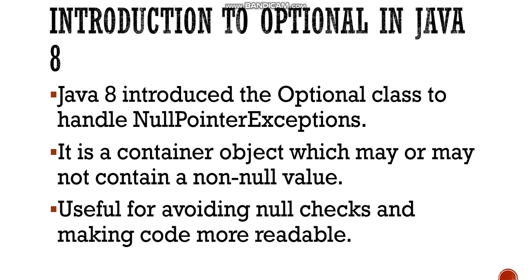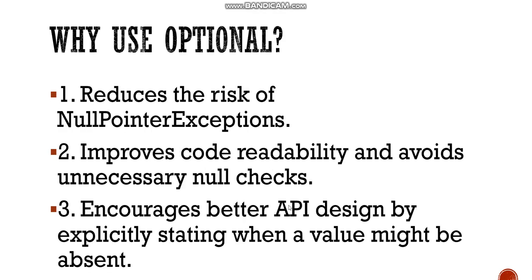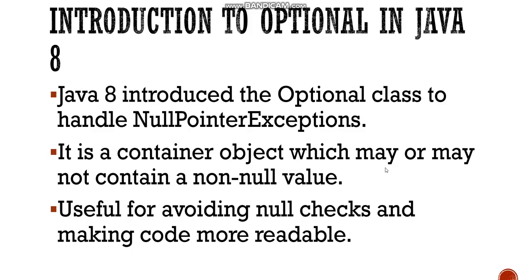So what is the Optional class? The Optional class is basically a container object which may or may not contain a non-null value, useful for avoiding null checks and making code more readable. That's why we use the Optional class, so that we can avoid null checks.